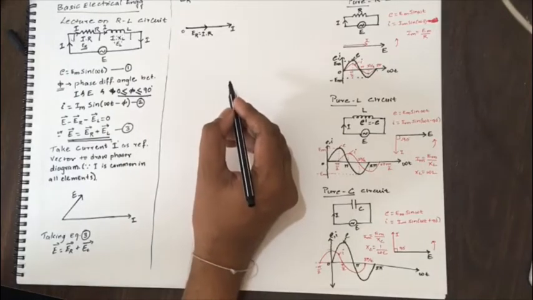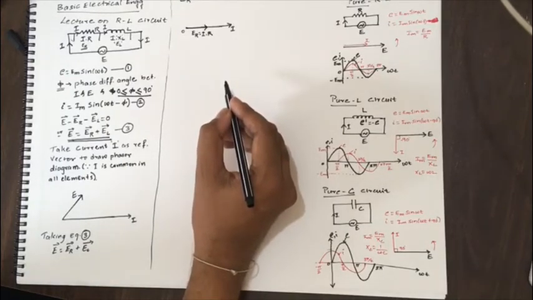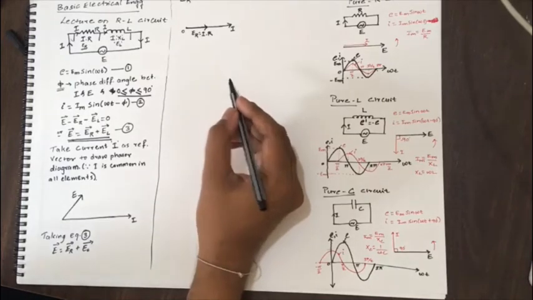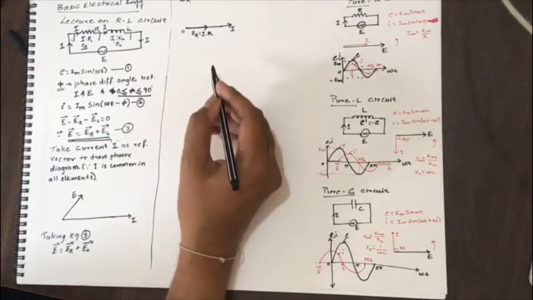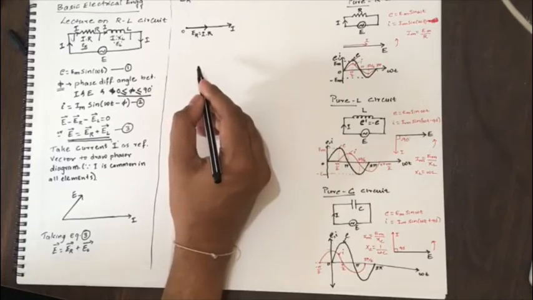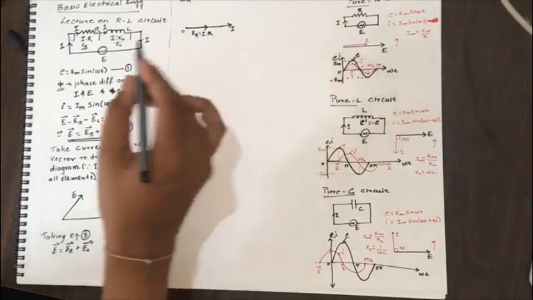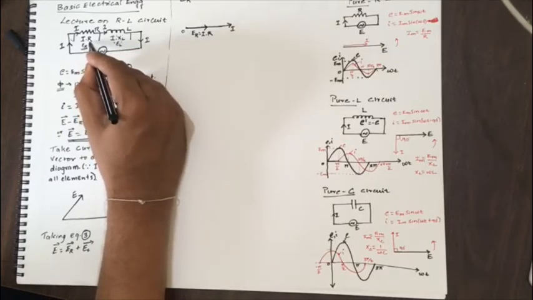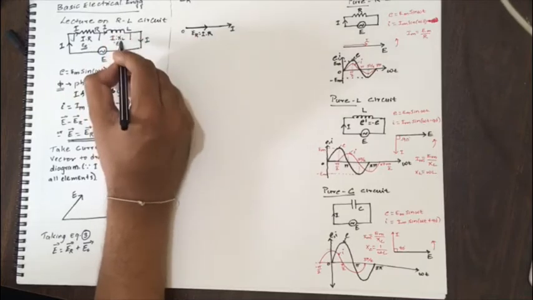Inductive reactance, or in general any reactance, is usually considered to be imaginary. When we see the further representation of impedances, we will discuss it there. So this reactance XL is considered analogous to resistance R, simply to represent the drop across L.